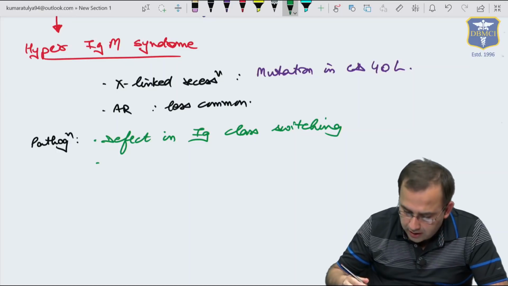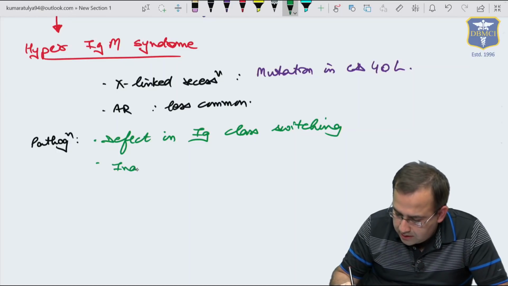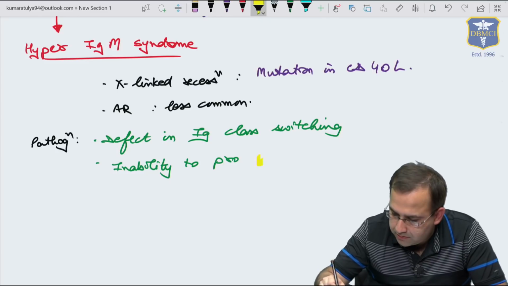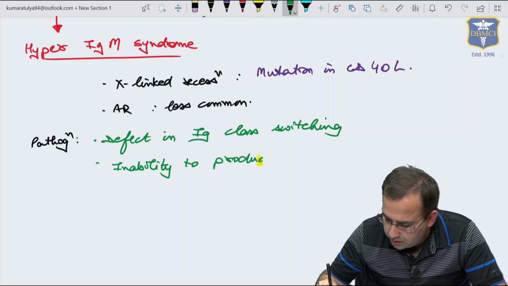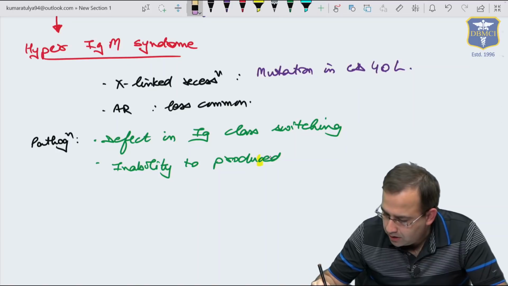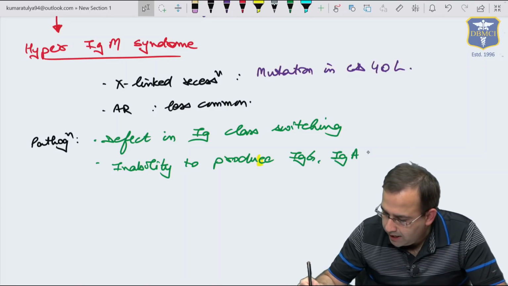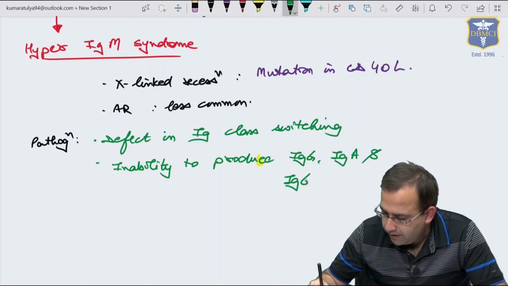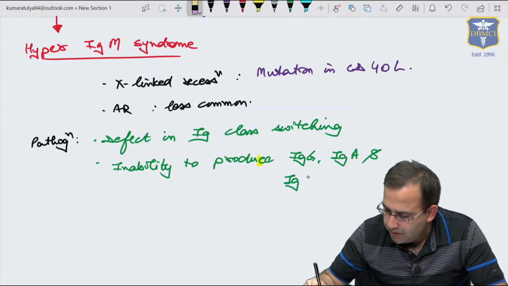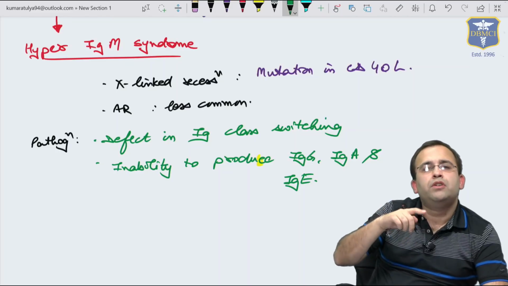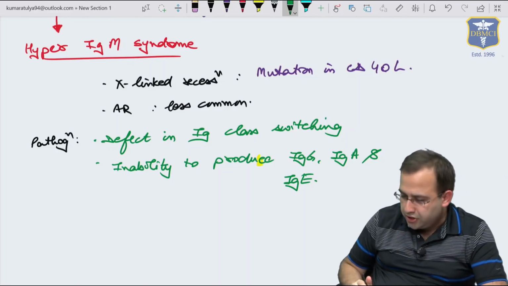Class switching is not occurring, as a result of which the cells have an inability to produce IgG, IgA and IgE. Very obvious, IgM has increased. So in hyper IgM syndrome there is inability to produce IgG, IgA and IgE.